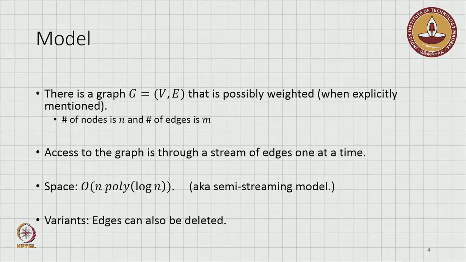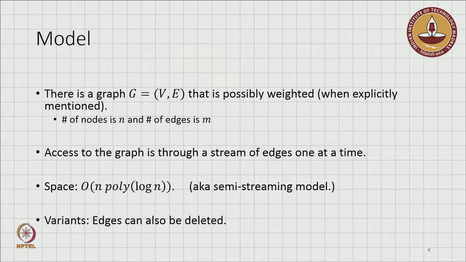Let's begin with a clear statement of what the computational model is. Our real input is a graph G with vertex set V and edge set E. And we use n to denote the number of nodes and m to denote the number of edges. And the edges might be weighted or unweighted.